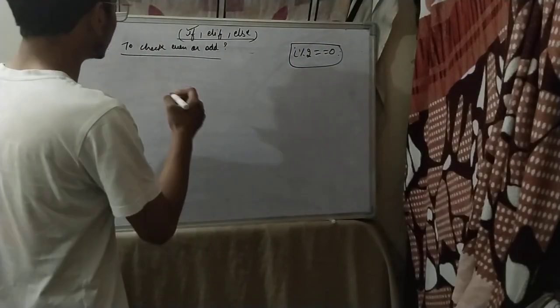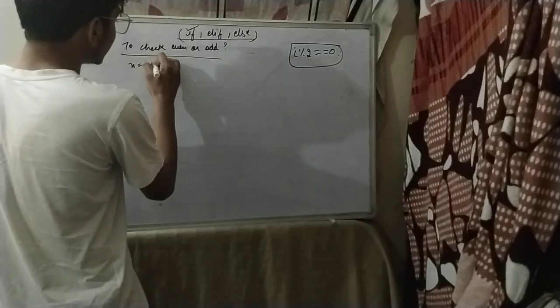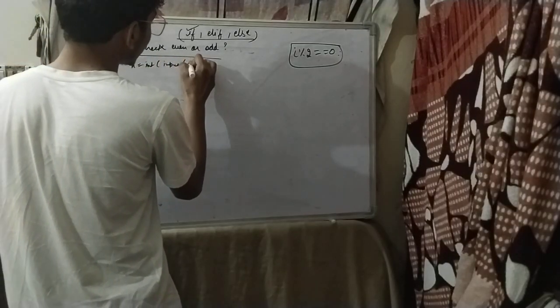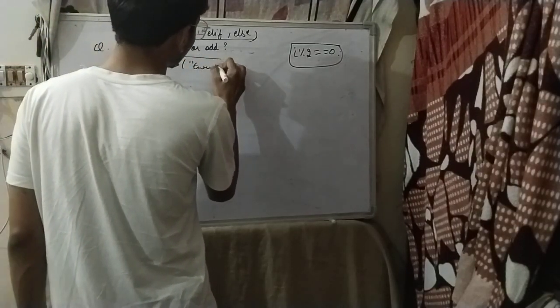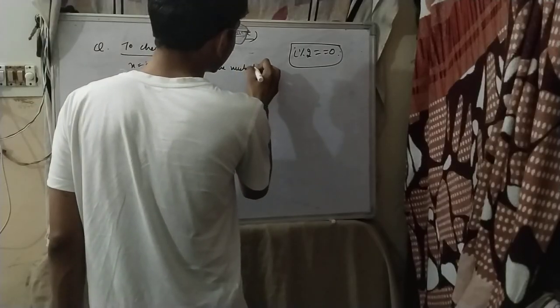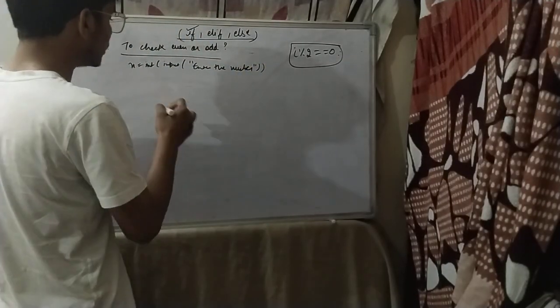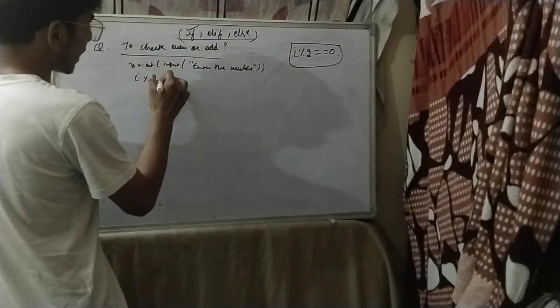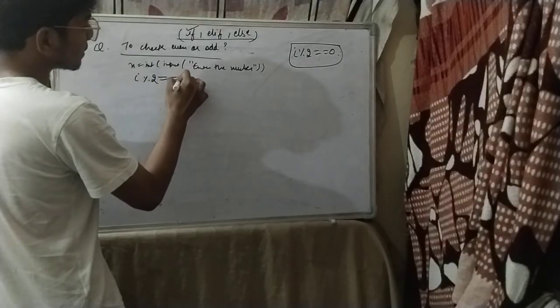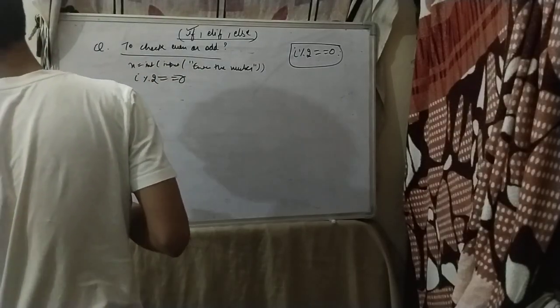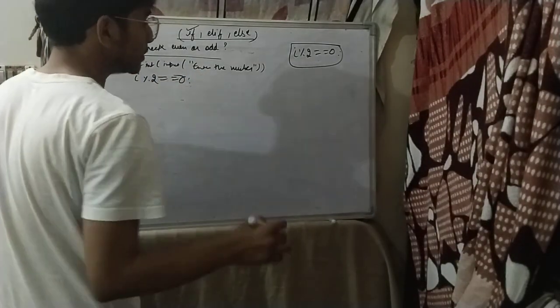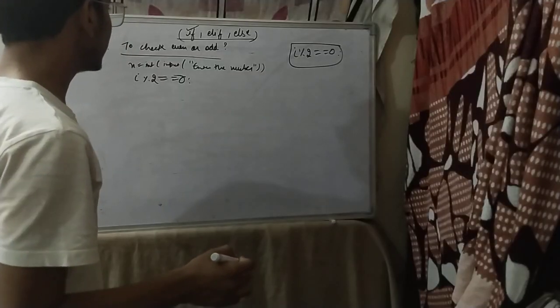For example, you are going to write n equals input, enter the number, because you are going to check even and odd. So use this condition, the % 2 == 0 syntax. Now you have to use if and else.